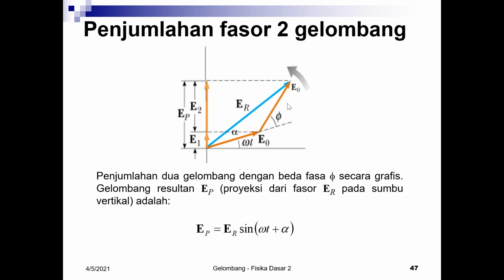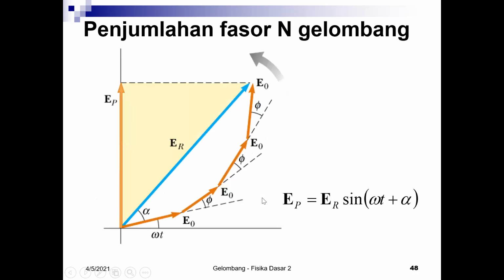So in general, the wave function EP is ER sin(kx minus omega t plus alpha), where alpha is the phase difference. There are 1, 2, 3, 4 waves here.